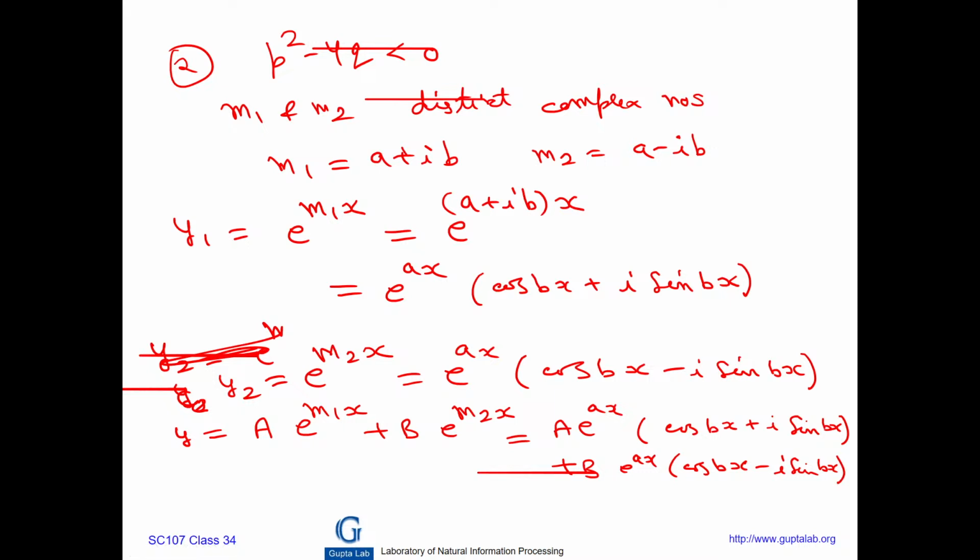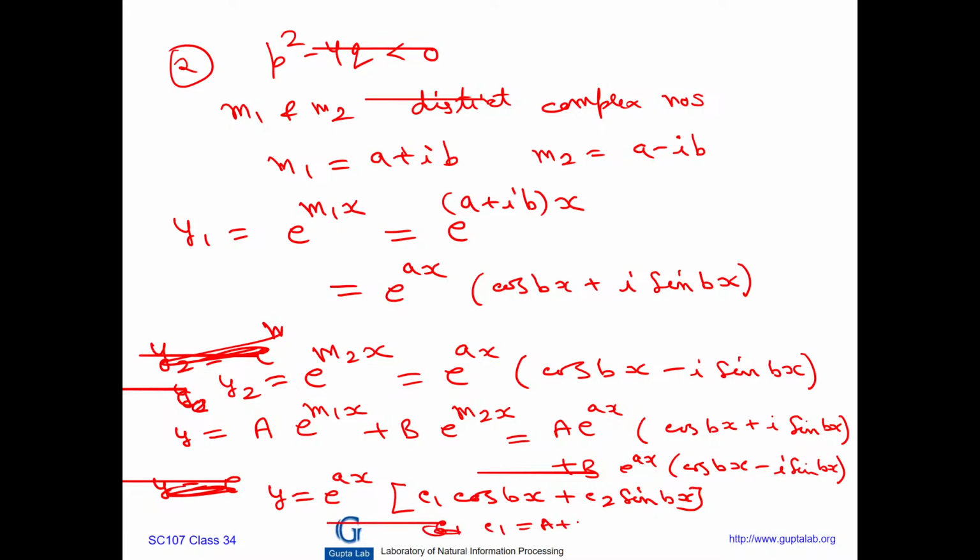Now I can simplify actually. These two I can combine, right? And the other two terms I can combine actually. So I am going to get y is equal to e raised to power ax times c1 cos bx plus c2 sin bx, where what is c1?